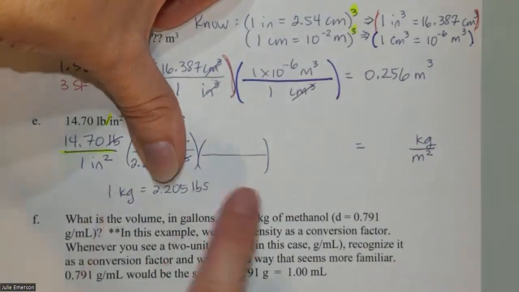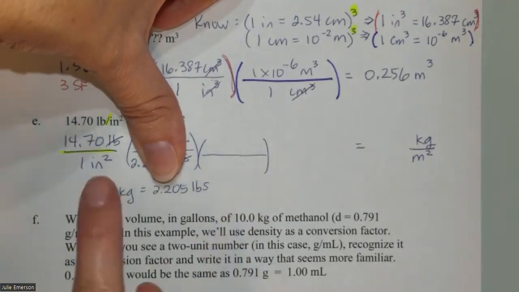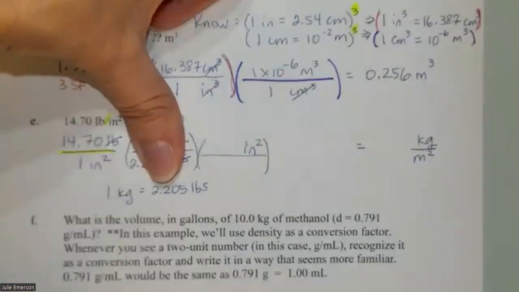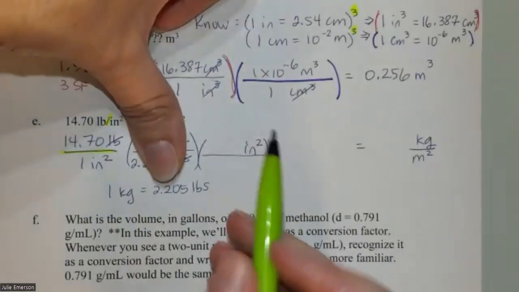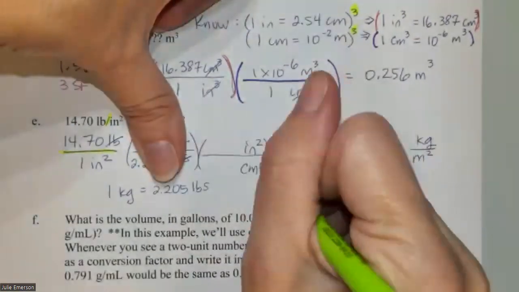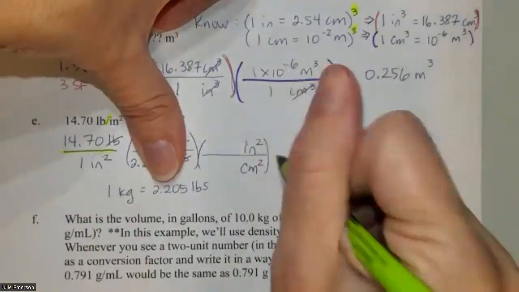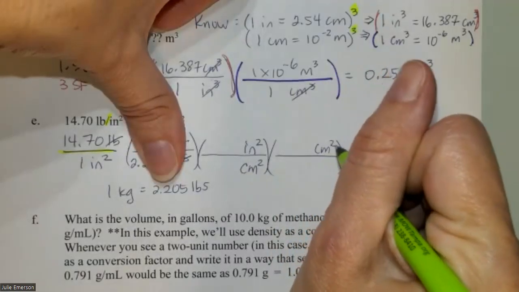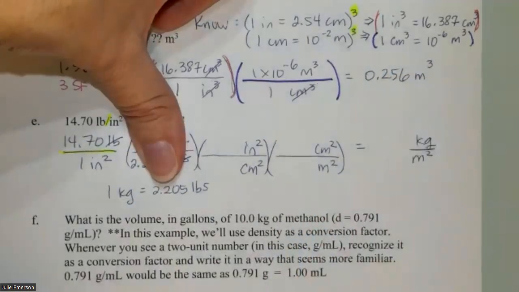So when I go to my next conversion step, the inches squared is going to have to cancel out in the numerator. All right. And then like we saw in the last example, we're going to go to centimeters first, but it has to be squared centimeters. And then in the next conversion, we're going to get rid of centimeter squared on top and go to meter squared on the bottom.